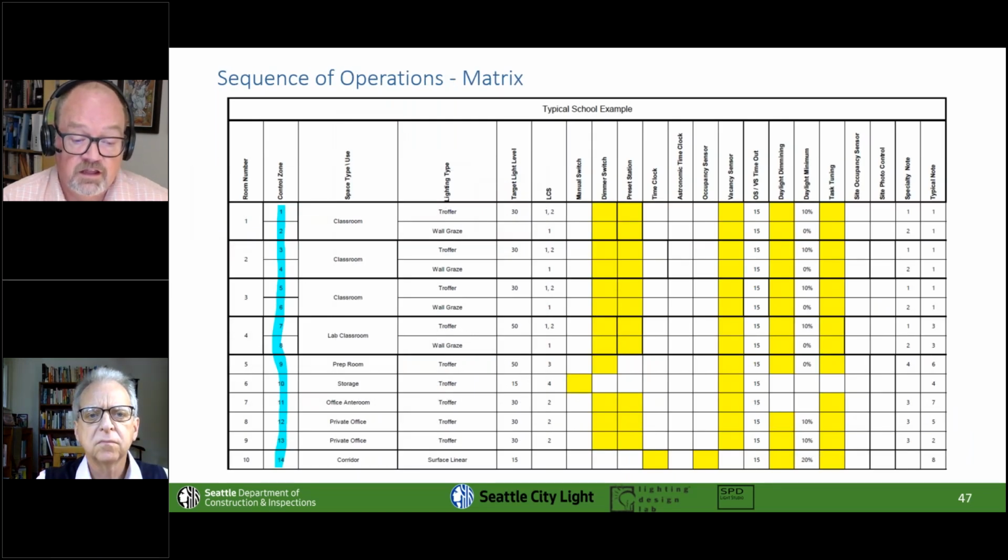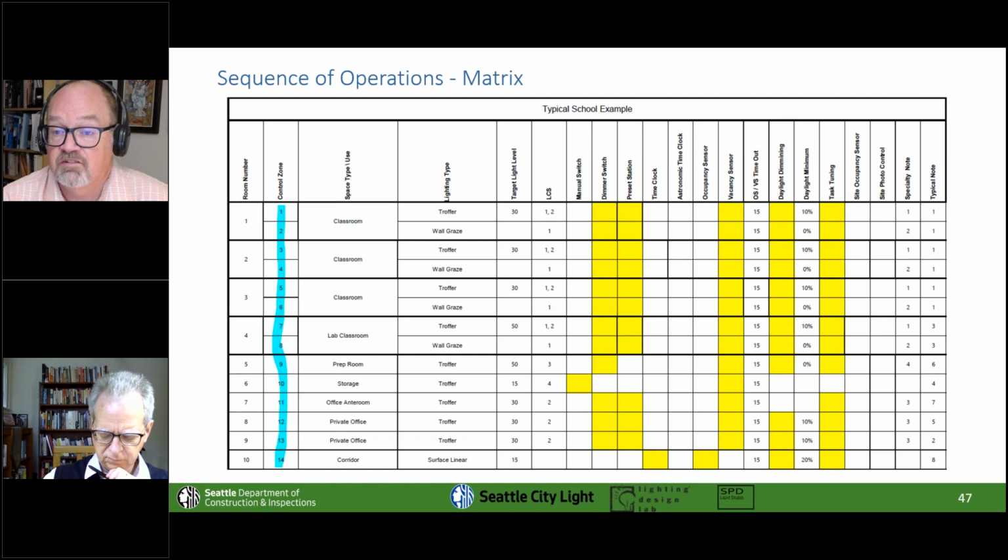And you'll see that from a sequence of operations standpoint, it's more or less the same, because you're doing basically the same functions. You just have a slightly different configuration of the hardware. Now, your control zones may change, right? Because every light fixture is a control zone, so you may document that separately. But yeah, that's not a big deal. Next one, please, Duane.